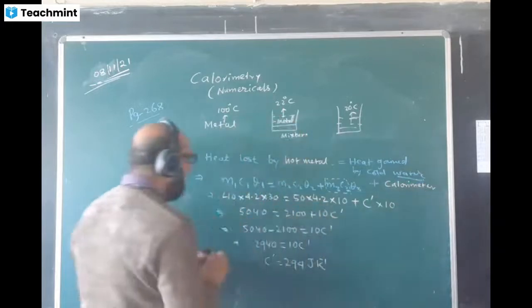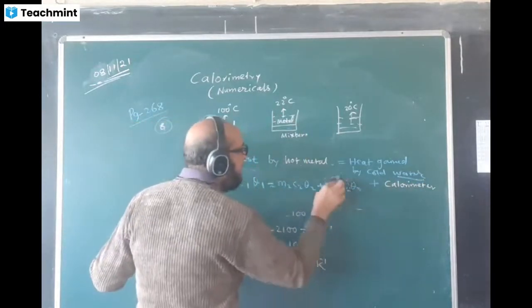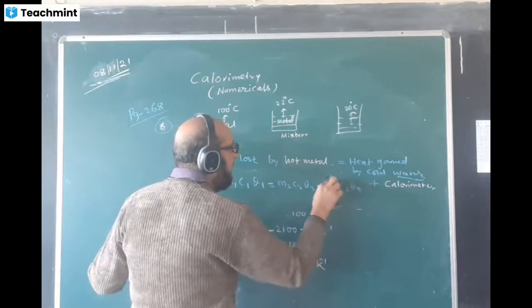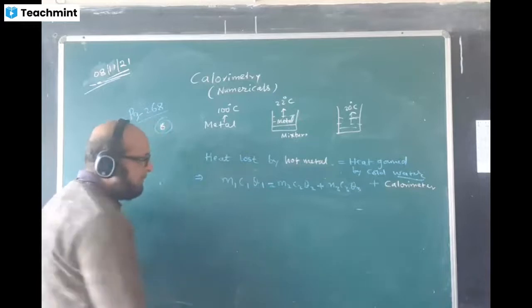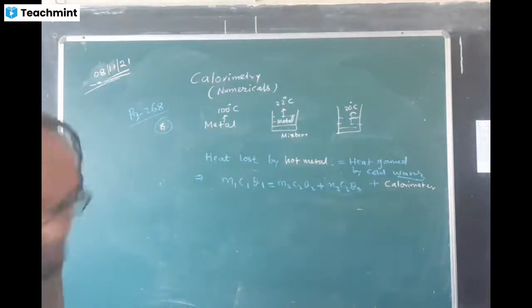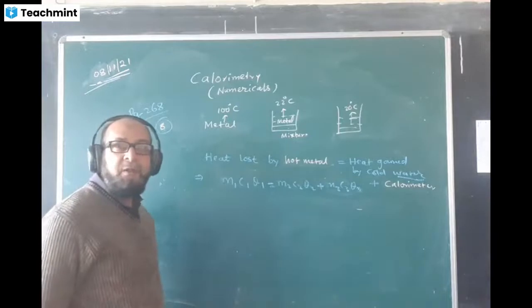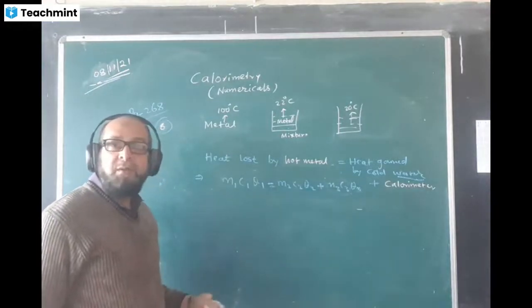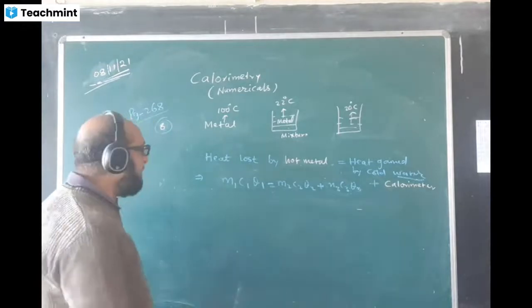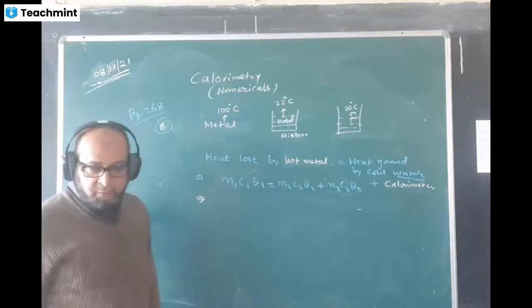Calorimeter. Now I'll put the values. As I make the equation here, M1 C1 theta 1 is equal to this plus this. Now I'll put the values, and maybe in the equation something will be unknown and we have to find the value of that. Mass of the metal given in the question, please read.